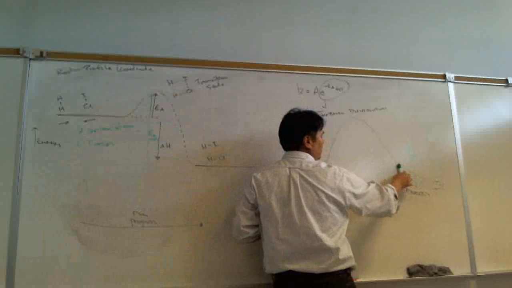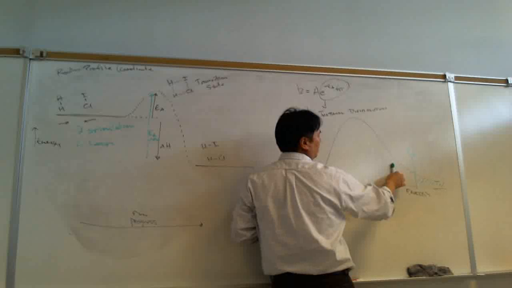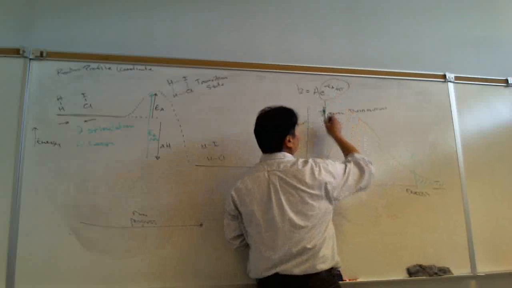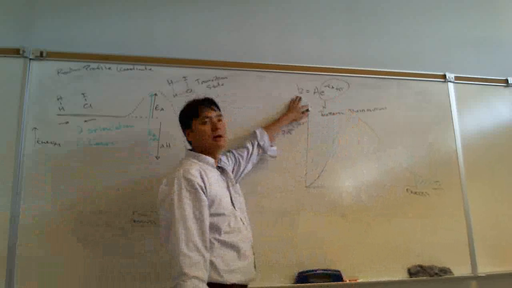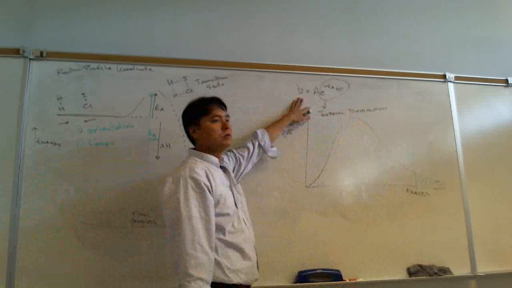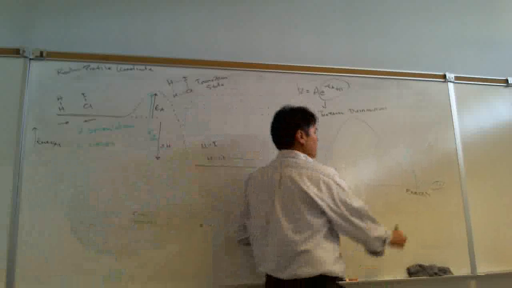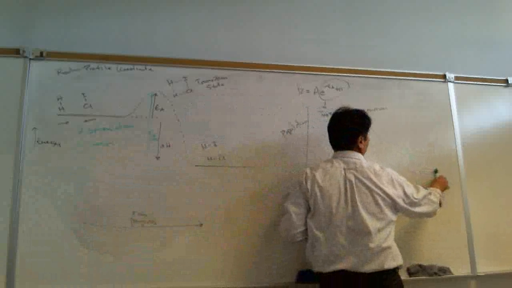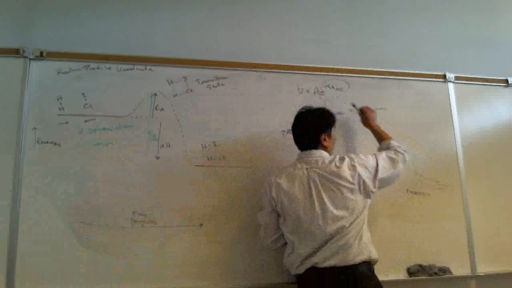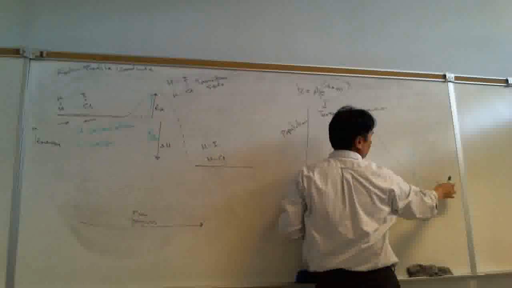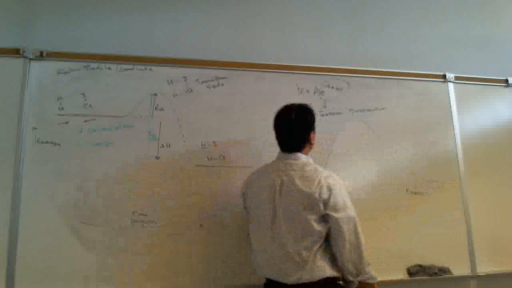As E sub A becomes smaller, the population becomes bigger and k becomes larger, and so the rate will go faster. As E sub A grows bigger, the population gets smaller and k should shrink.